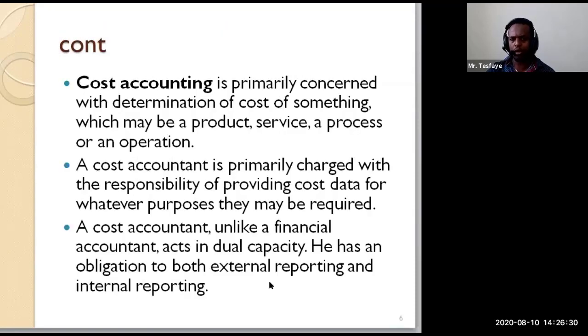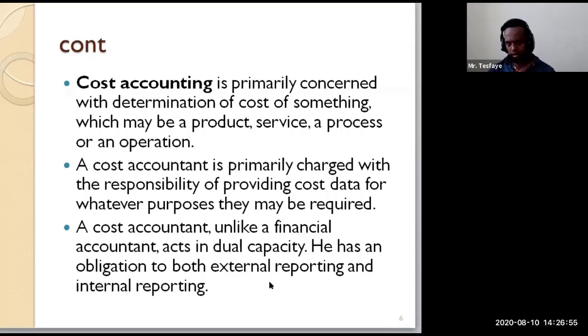Whereas cost accounting is primarily concerned with determination of cost of something, which may be a product, service, a process, or an operation. So cost accounting focuses on determination of this cost of something. It might be product, it might be service, it might be process and an operation.